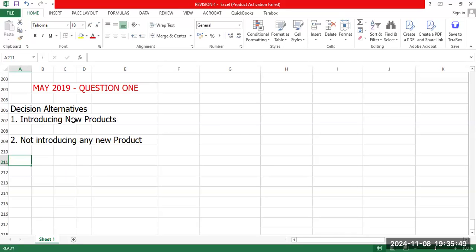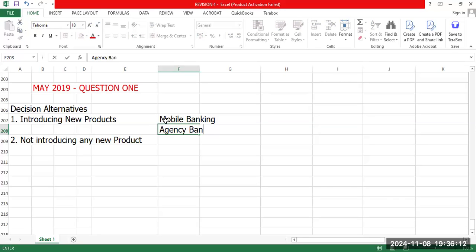Now, you have the option of introducing new products. But now, what are these products you want to introduce? You have mobile banking. Then also what? Agents banking. I want you to see that.